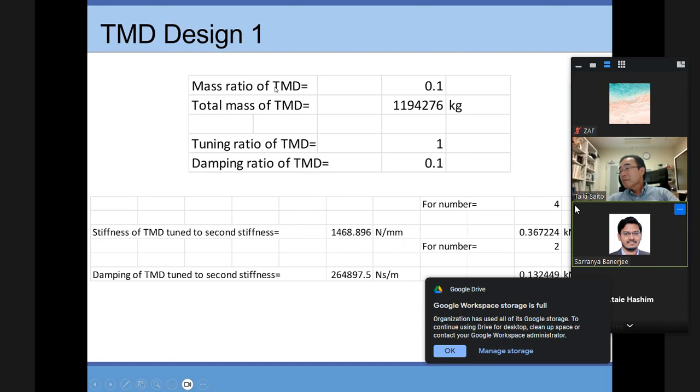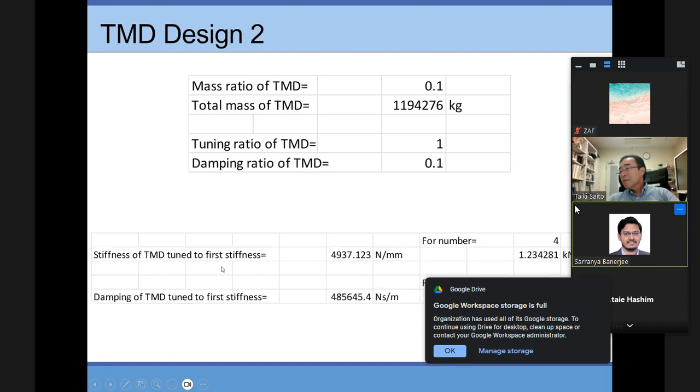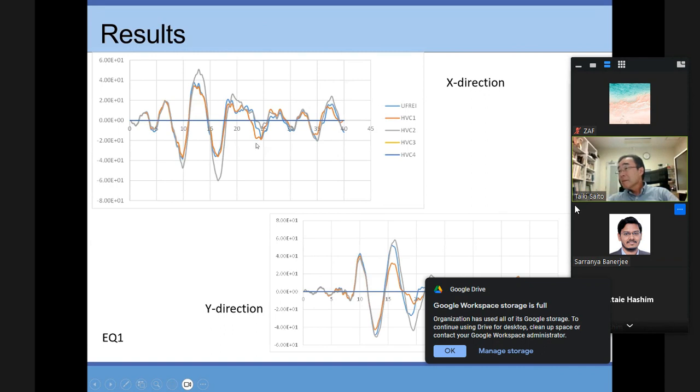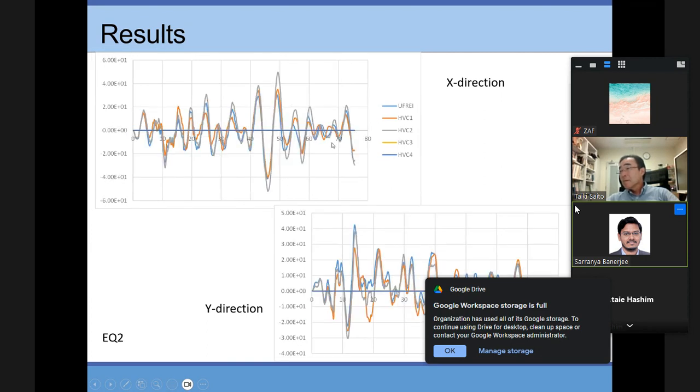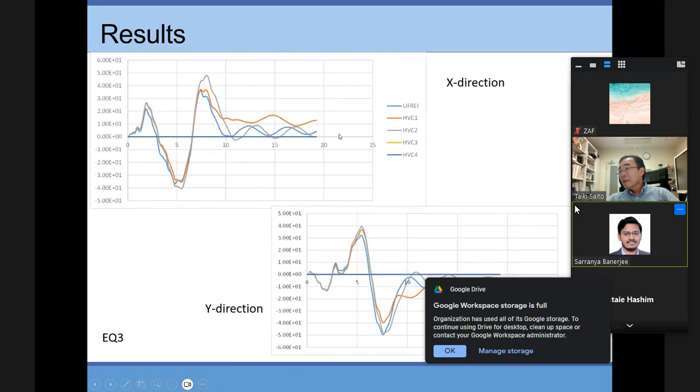The second design was with the TMD tuned to the first stiffness, also in the base floor itself. There I have found the base displacement in different earthquakes. As expected, the base displacement is reduced by the first design, and it is increased in the second design, where the TMD is tuned to the first stiffness.